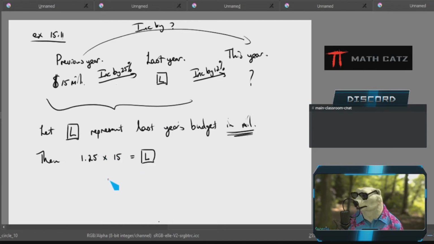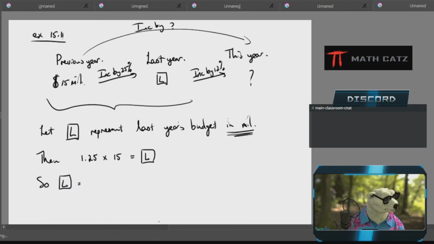But in this case, I see that, well, there's no rewriting necessary here. Maybe I can flip it around. But I see how to calculate this L right away because it was just in a convenient position in my mathematical sentence that I don't need to rewrite it. And I can just calculate it right away. Let's do that. 1.25 times 15.